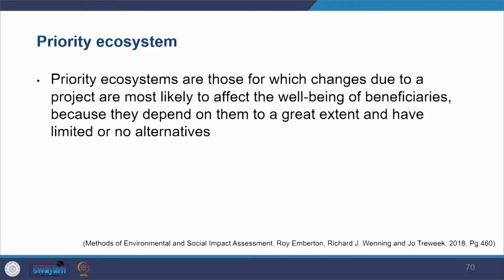Priority ecosystem services are those for which changes due to a project are most likely to affect the well-being of the beneficiaries. So where the changes will happen and where they will impact the beneficiaries, those are the priority areas, plus the beneficiaries probably would have limited or no alternatives. Those kinds of ecosystem services become your priority.